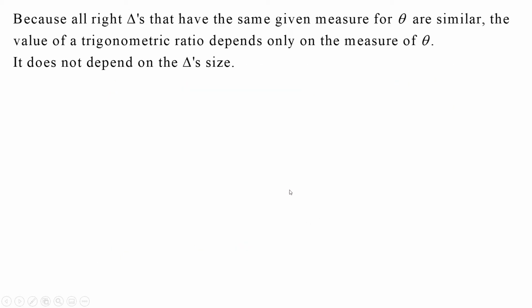Now, because all right triangles that have the same given measure for theta are similar, the value of a trigonometric ratio depends only on the measure of theta. It does not depend on the triangle size. So we're going to verify this statement. Wow, this is big right here.